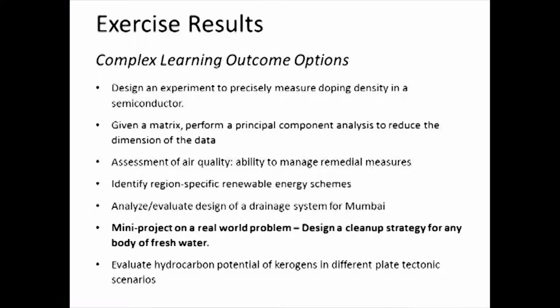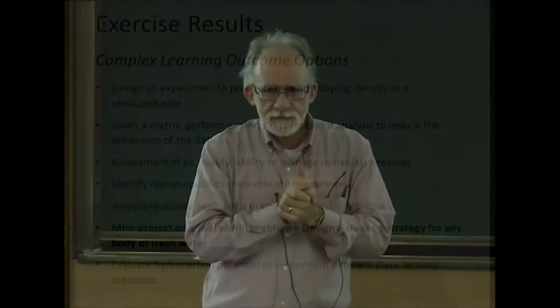Let me think about that. Suppose I was in a course where that was a learning outcome. Would you give an assignment to the students that says, develop a cleanup strategy for the lake? I'm thinking you wouldn't do that. There would be some context, some description, and some elements of what's expected to be in that strategy, what I would be looking for.